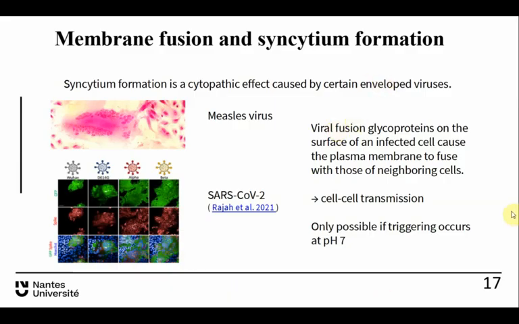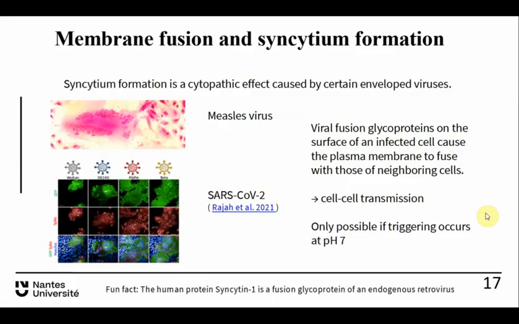And the other thing is that it can only occur if triggering is possible at neutral pH. So that's true for SARS-CoV-2 because it's a TMPRSS2 protease which is doing this. It doesn't require internalization.